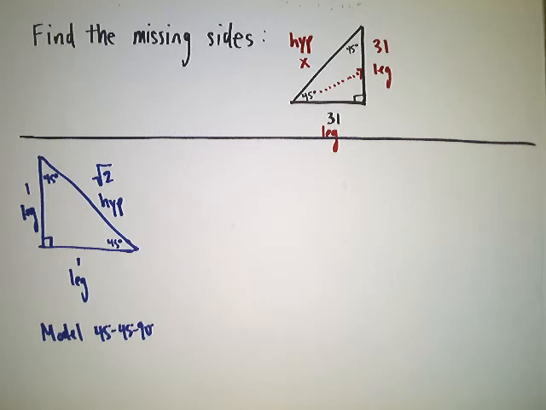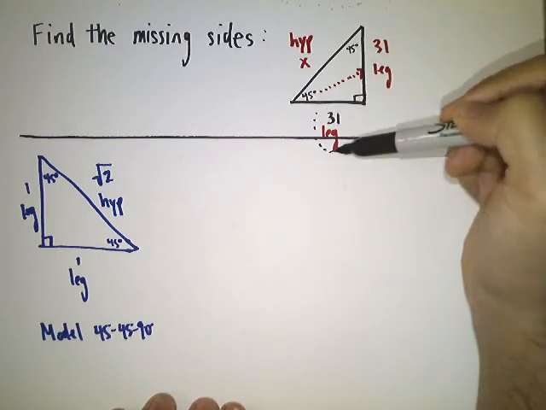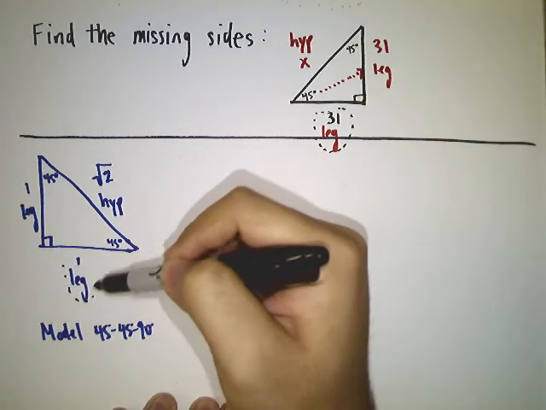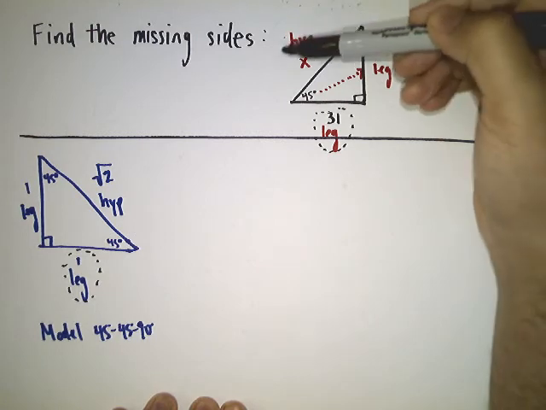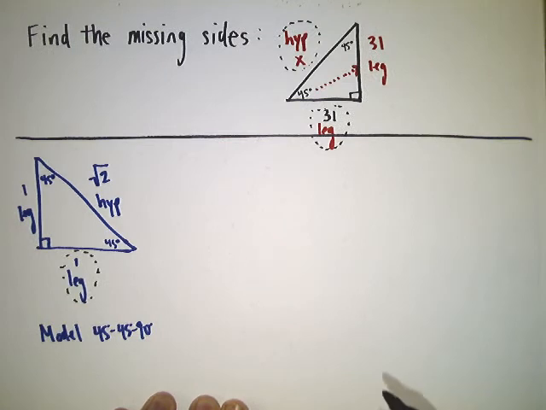Let's set up a proportion using one side we know and one side we don't know. First we'll work with the legs, because it looks like we know how long the legs are. So that'll be a leg, and that'll be a leg. Then we want to figure out how long the hypotenuse is.